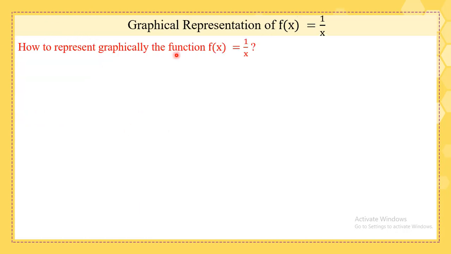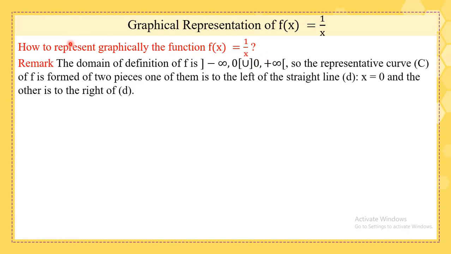How to represent graphically the function f of x equals 1 over x? Remark: the domain of definition of f is minus infinity, 0 union 0, plus infinity. So the representative curve C of f is formed of two pieces, each piece representing one interval. One of them is to the left of the straight line d, x equals 0, and the other is to the right of d.